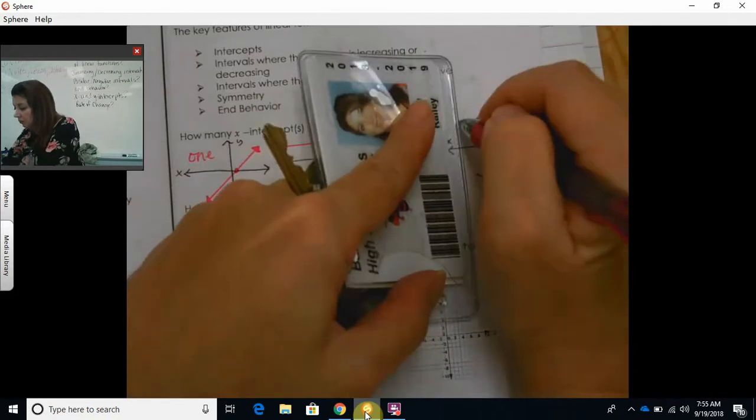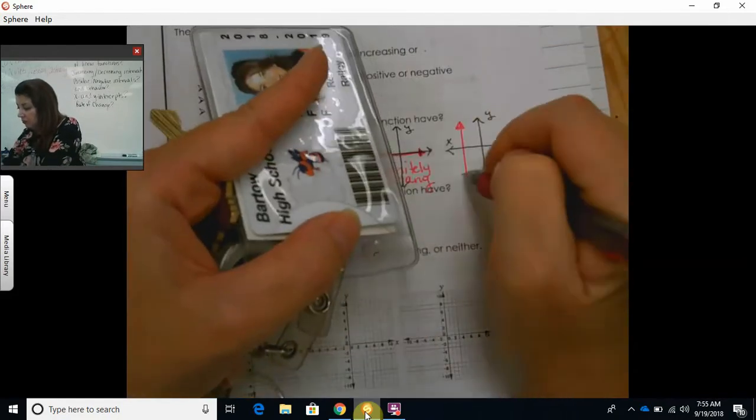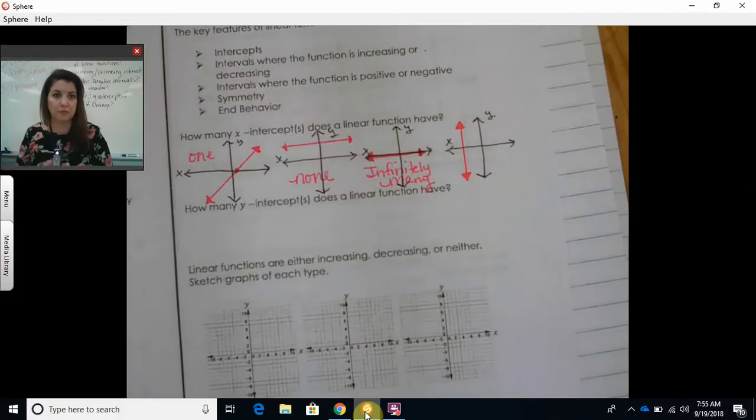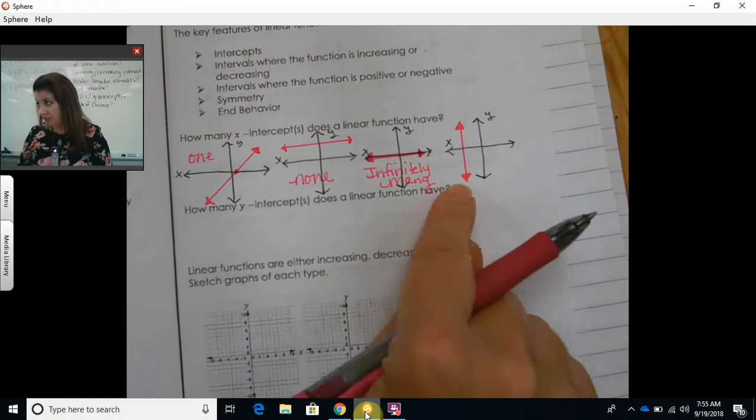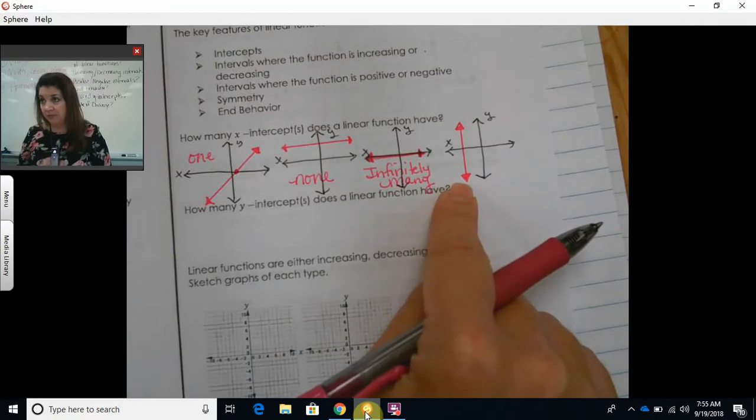How about this one? This one is a trick. How many times does the line cross the x-axis? Once. Don't write that down. The question said, how many x-intercepts does a linear function have? Is this a function? No, why not? Well, it's not a function because it does not pass the vertical line test.